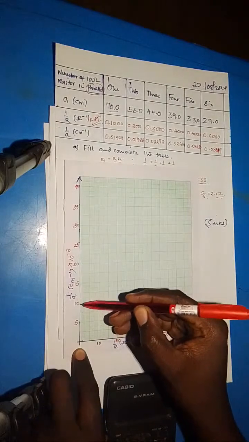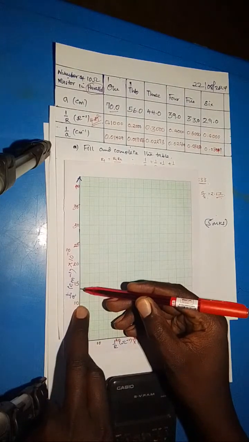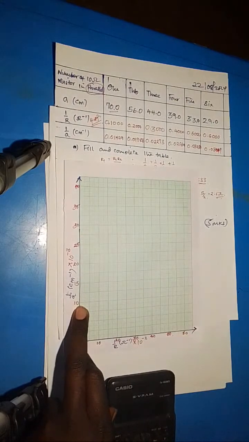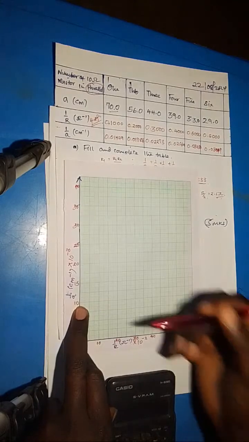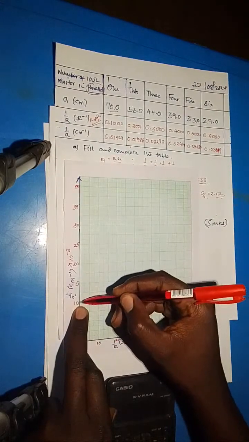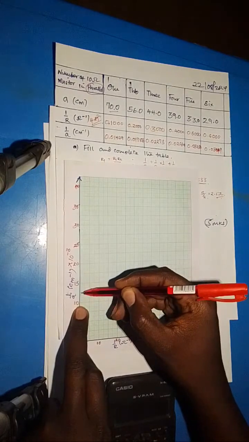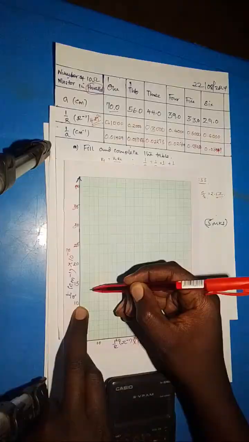Therefore, for us to have 14, we'll have 4 divided by 0.25. This goes from 10, I need to have 16 boxes. So my 16 is here.